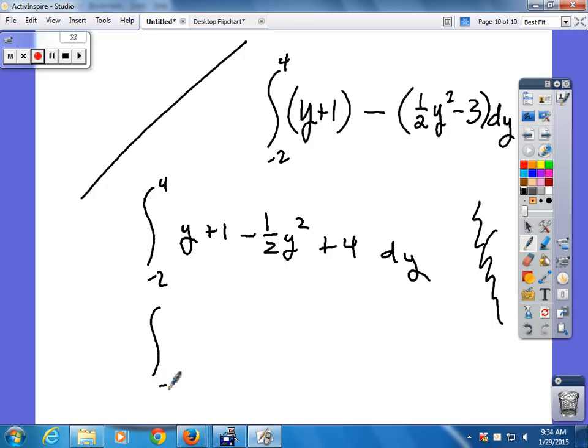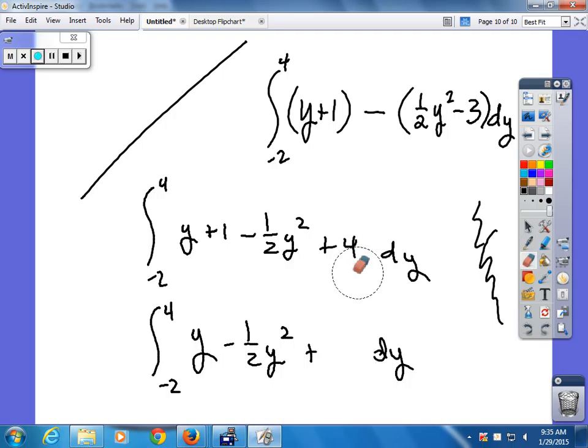So that's going to be -2 to 4 of y minus 1/2 y squared plus what? 5? Oh, I'm sorry. I just changed this into a 4. I think I did the math in my head. There we go, 4. All right.